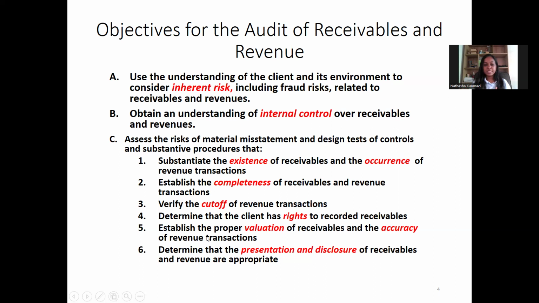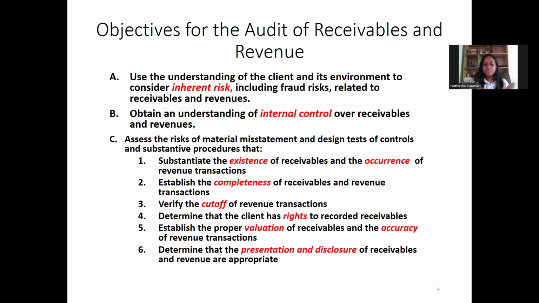So what are the next steps? Substantiate the existence of receivables and the occurrence of revenue transactions. Now this is all about the assertions. We have discussed assertions in previous weeks and throughout these sessions, right? So what are the assertions we are going to cover through these tests of controls and substantive procedures?